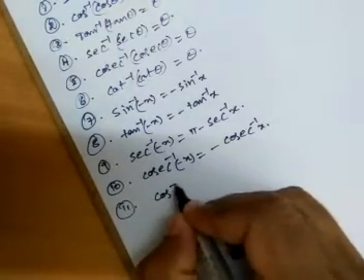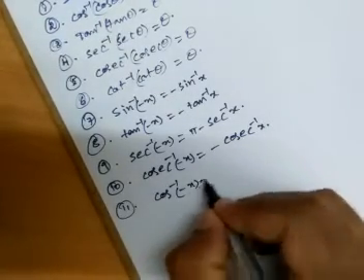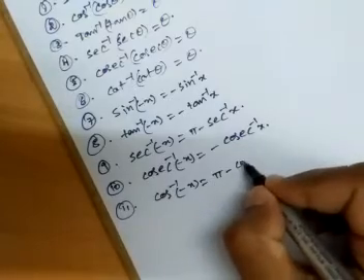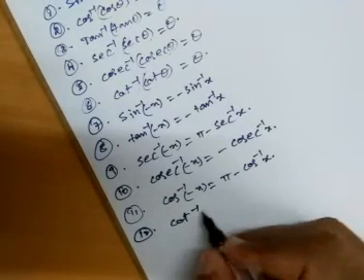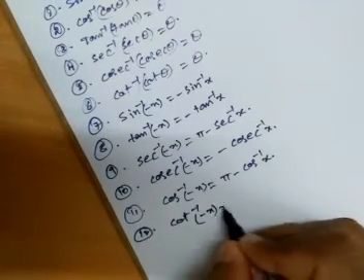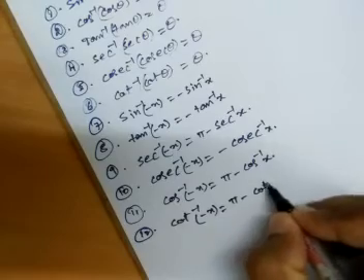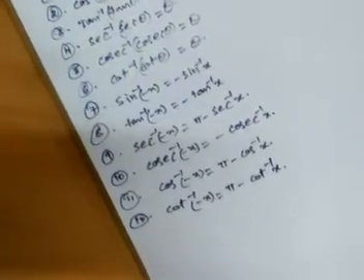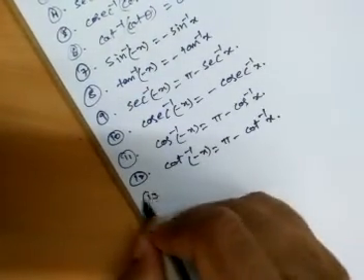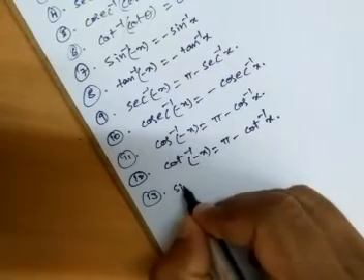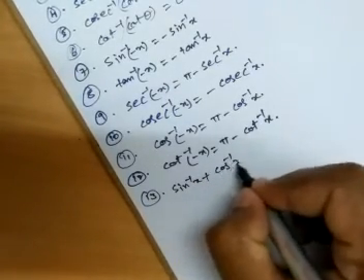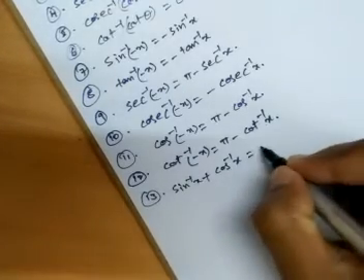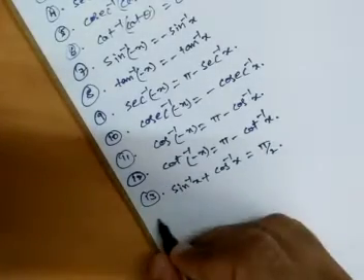Cos inverse of minus x equals pi minus cos inverse of x. Cot inverse of minus x equals pi minus cot inverse of x. Sin inverse of x plus cos inverse of x equals pi by 2.